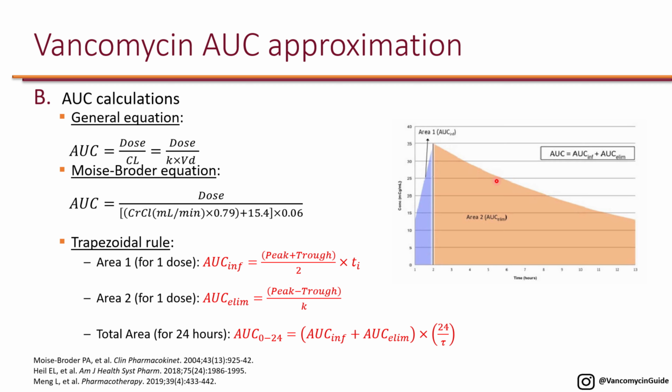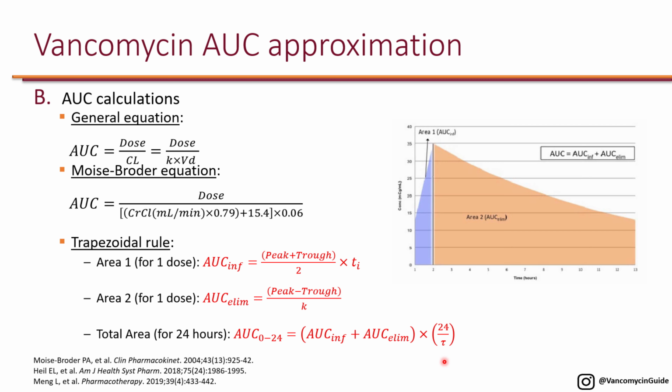Then you need to calculate the second area, which is during the elimination phase, which of course also includes the distribution phase. The AUC elimination phase is peak minus trough divided by K constant. Again, K is calculated from the two levels that we got from the patient. Then you add these two, and they give you the AUC for one dose. To get the AUC for a 24-hour period, because this is AUC 0 to 24, you multiply by 24 divided by tau.